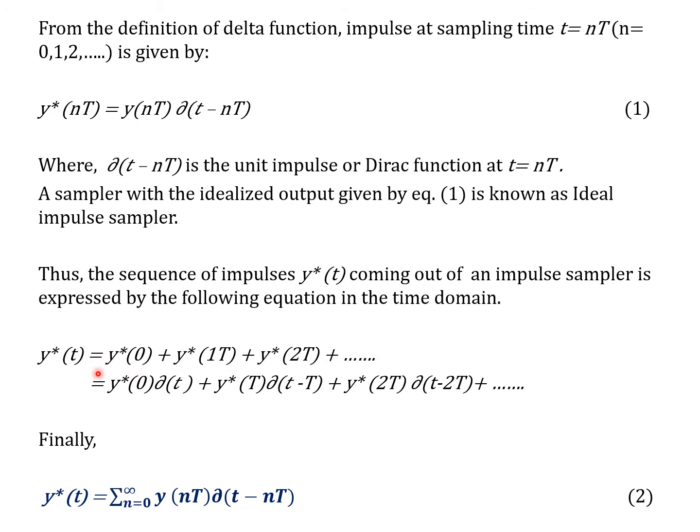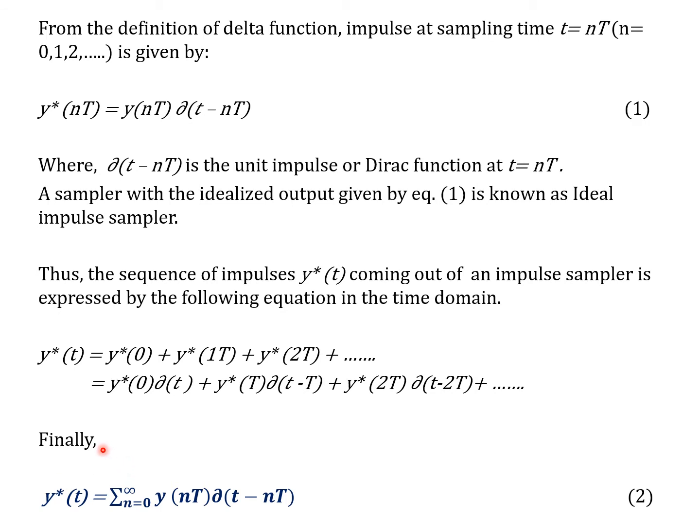You just add them up by summation. Note this is actually not the discrete time signal, so it doesn't have a star, it's just y, sampled at this time, and at this time, and so on. Y star means it has already been sampled. So finally what we get from here is Y star equals the summation of y(nT) times the Dirac function delta(t minus nT). This is the equation that represents the sampler for different times.